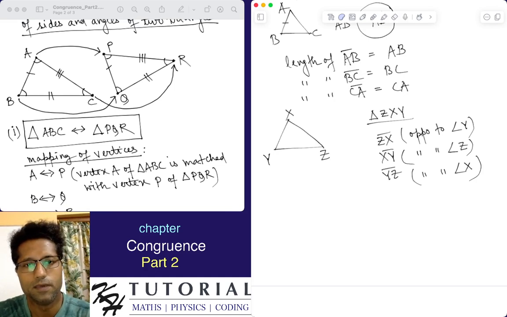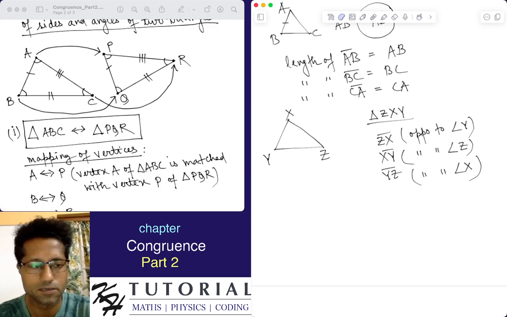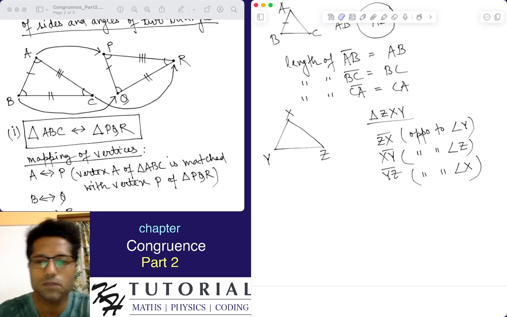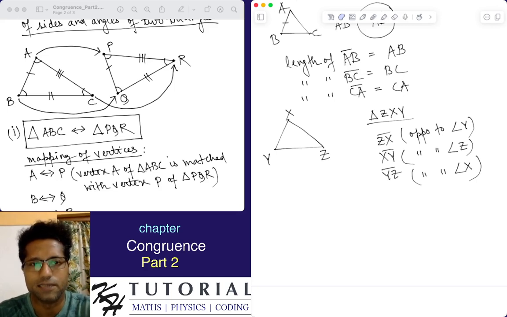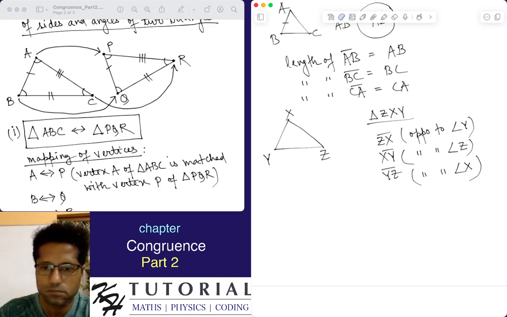So when expressing a matching between two triangles, we are giving a mapping of the vertices of the two triangles, or the sides of the two triangles. Now how do we mathematically express a matching of the sides and the vertices or the angles of two triangles?